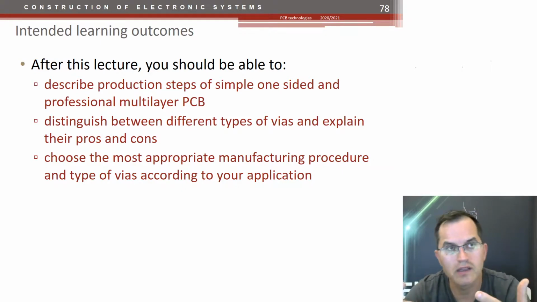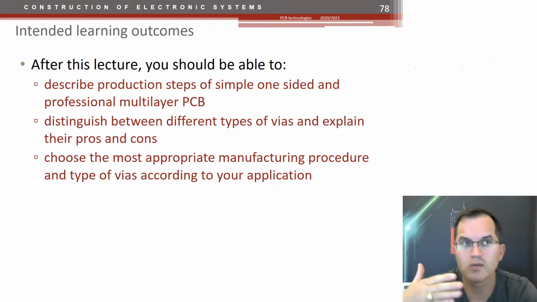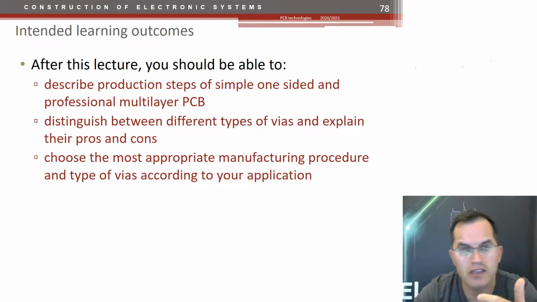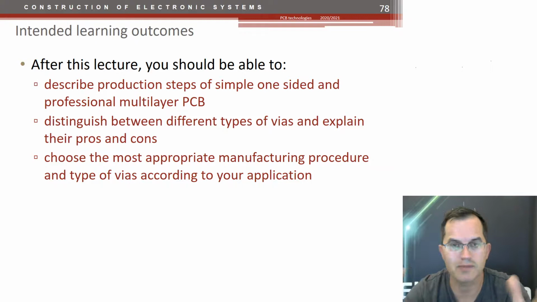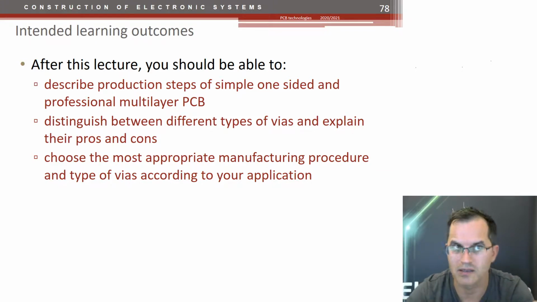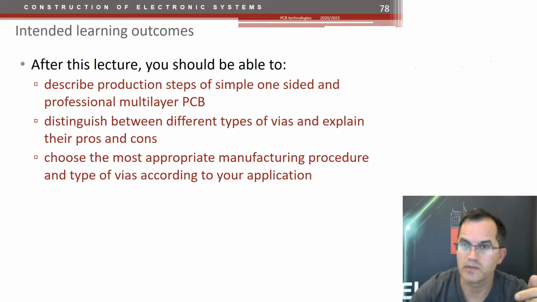So you should explain why is the buried via more expensive than blind via, and what are the limitations of these vias, and how many steps is then required to make a certain type of the via. And of course, you should be able to choose the most appropriate procedure according to your application.